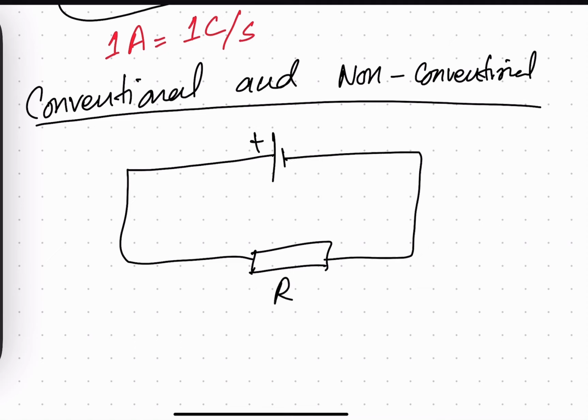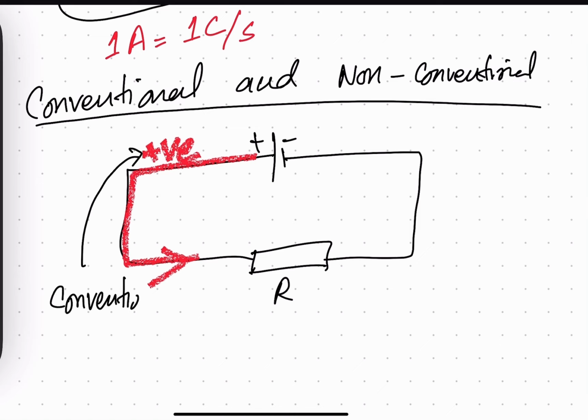This is the battery's positive terminal, and this is its negative terminal. Current from positive to negative is the direction of positive charge. This is known as conventional current.